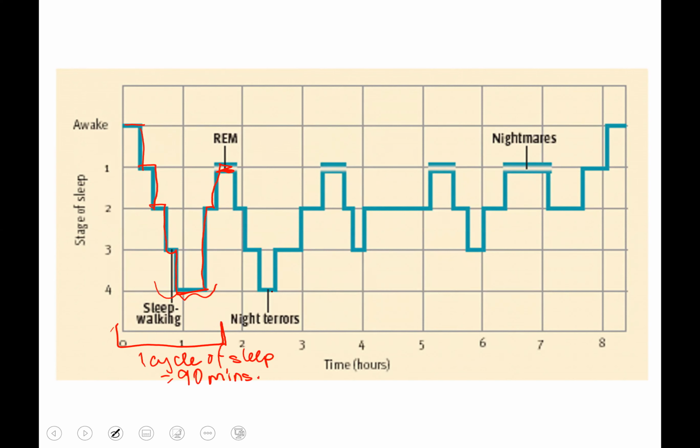So again, stage 4, you notice here's the night terrors, right, in stage 4. And then as the night progresses, you'll notice that the REM becomes longer and longer. And again, nightmares occur during REM. Okay, so this is kind of a graphic that helps to show where and when night terrors, sleepwalking, sleep talking, and nightmares actually occur.